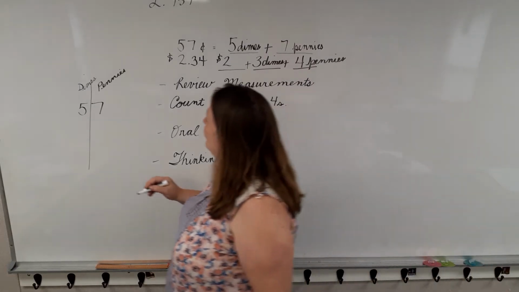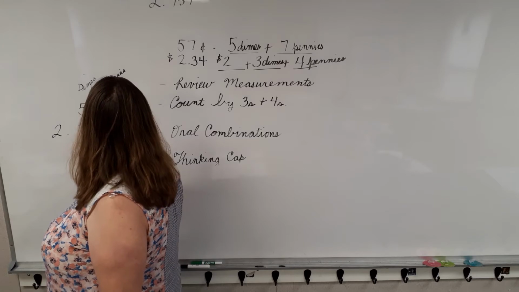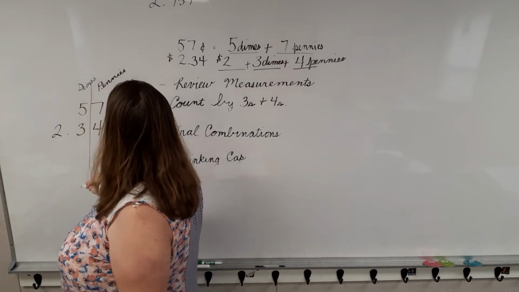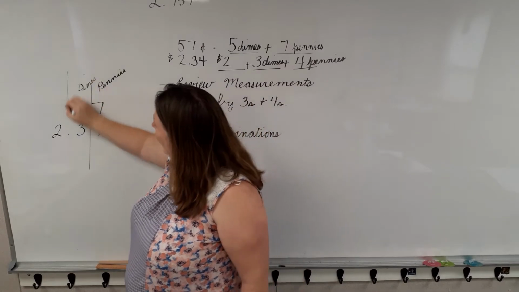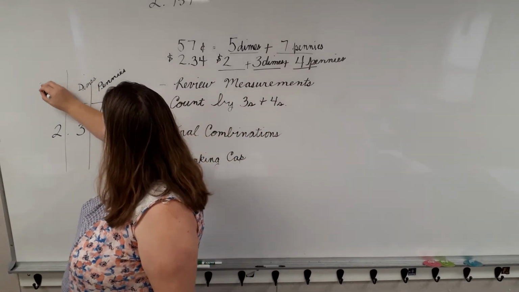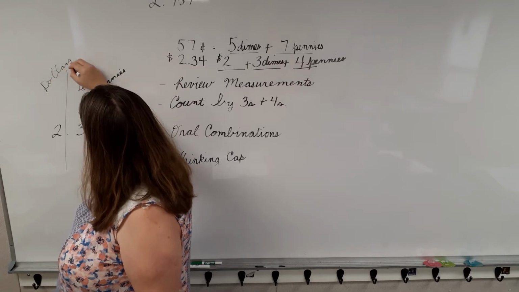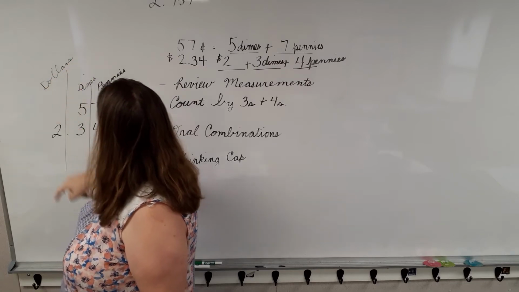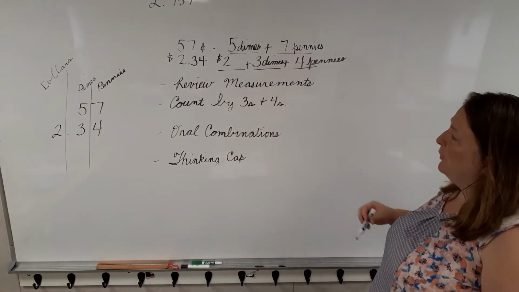If we have $2.34, we would have 4 pennies, 3 dimes, and then this would be the dollars. $2.